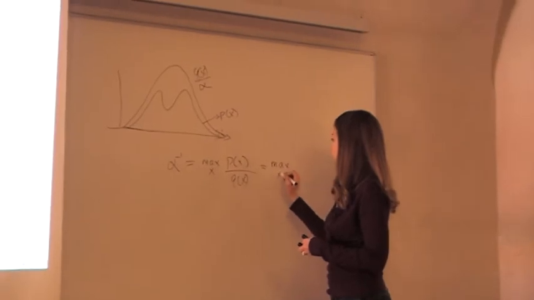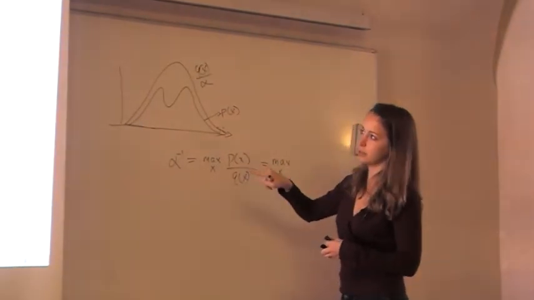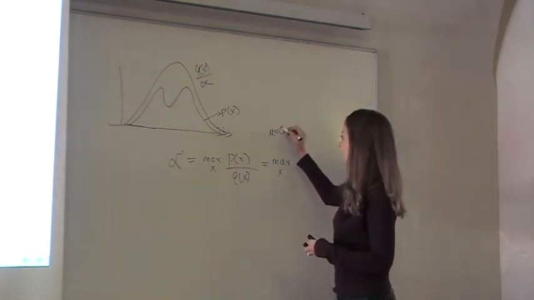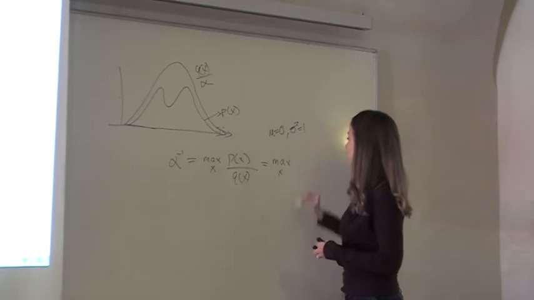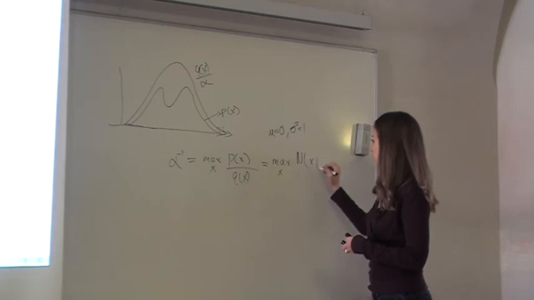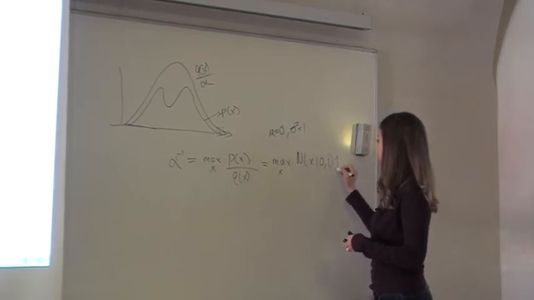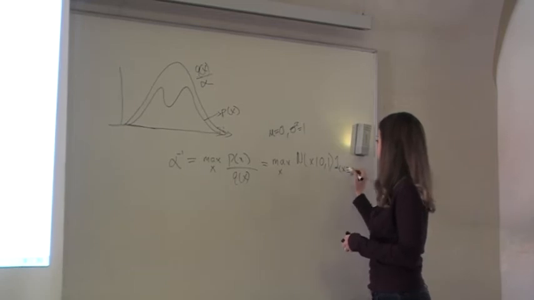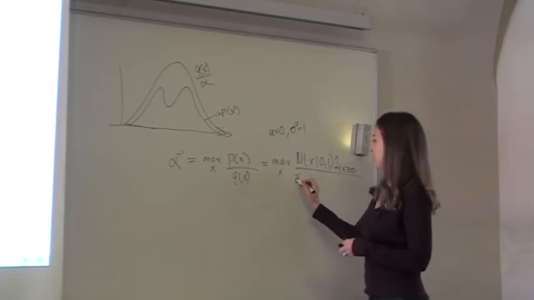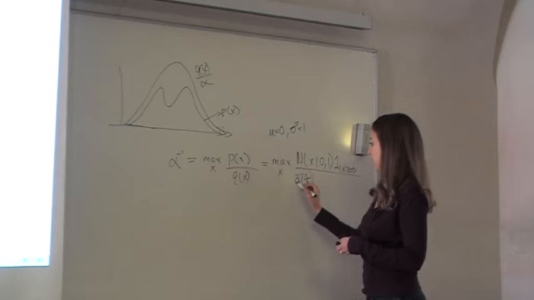So for our truncated normal example, this is the max over x. Let's suppose that mu is equal to 0 and sigma squared is equal to 1. P of x is normal of x given 0, 1 times the indicator that x is bigger than or equal to 0, divided by our normalizing constant, which is phi of 0 divided by 1.